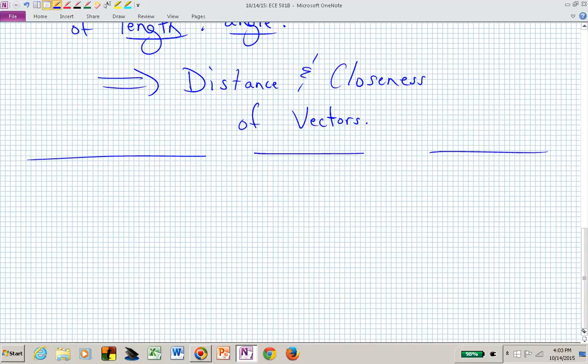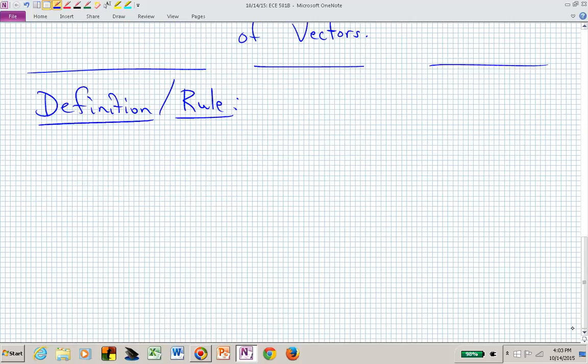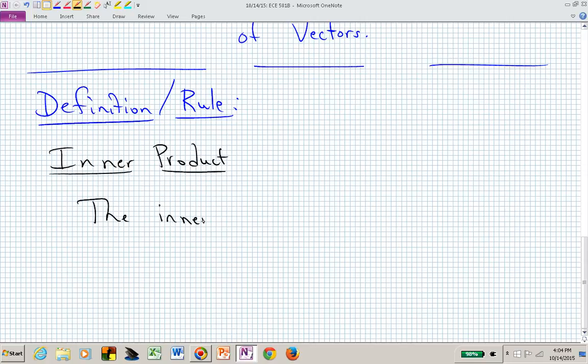Here is, let's say, the definition, or you could even consider it a rule. How are we defining the inner product? The inner product between, so now we need 2 items from our vector space. We need 2 vectors.